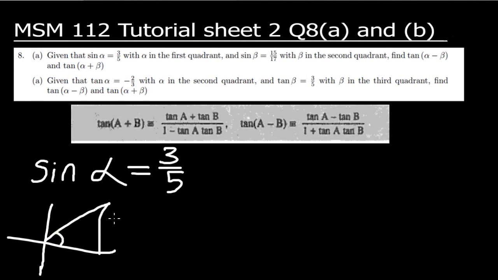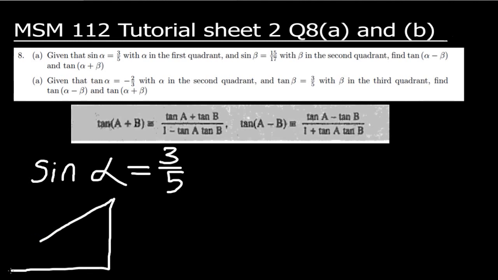So what we're going to do is draw a triangle in the first quadrant like that. So this is my alpha.